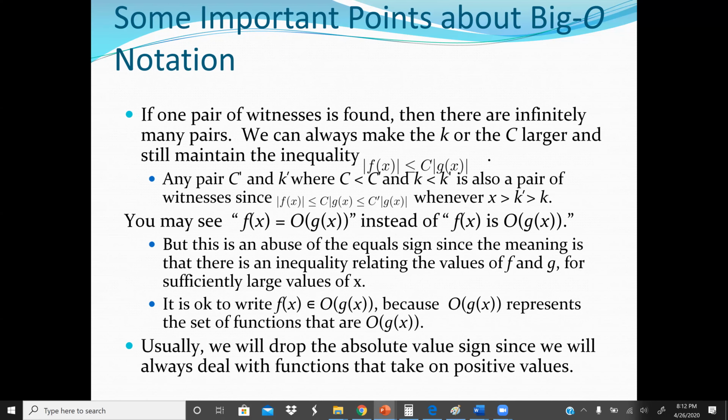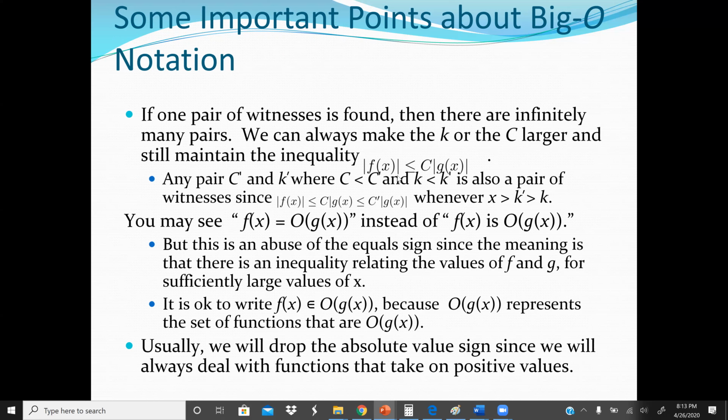So here we say if one pair of witnesses is found, remember witnesses can be C or k, that bear the relation to our expression or the function relationship, then there are infinitely many pairs. Also, we can always make k or C larger and still maintain the inequality.